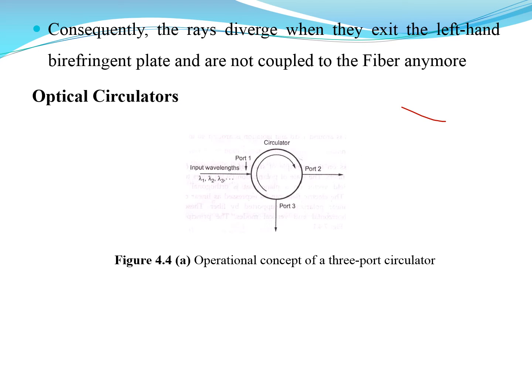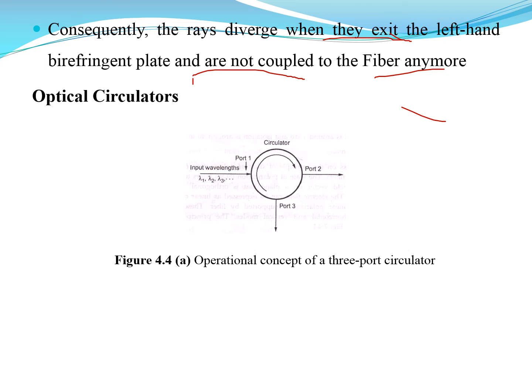So finally the rays diverge when they exit the left-handed birefringent plate and are not coupled to the fiber anymore. So this is how the reflection is avoided by using an optical isolator. This is a device which is placed in the optical fiber link to avoid reflection, and due to which the instability can be avoided.